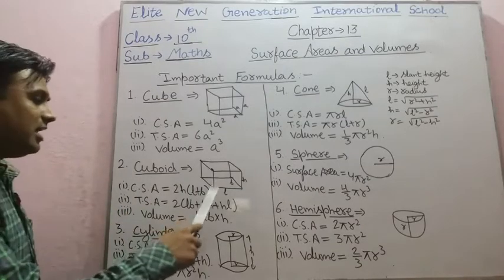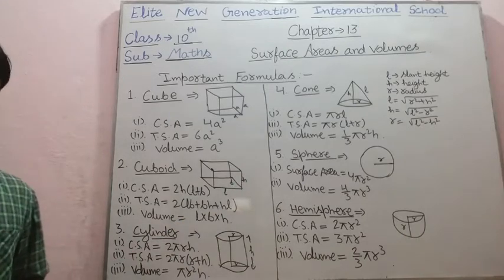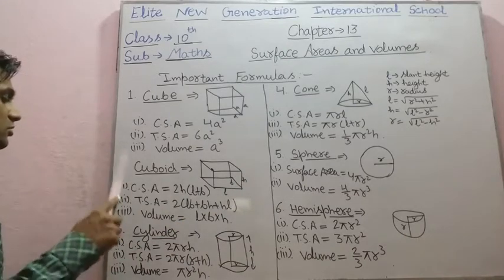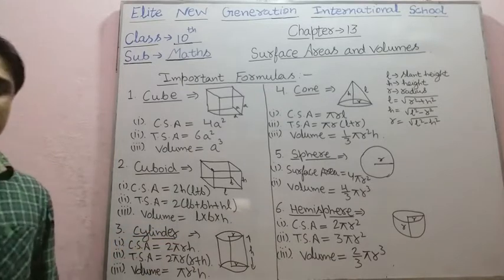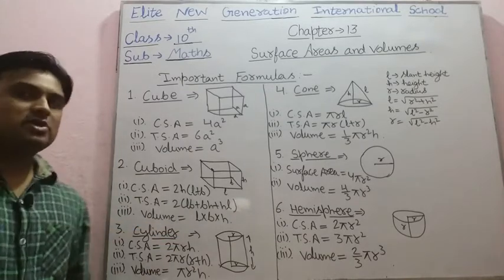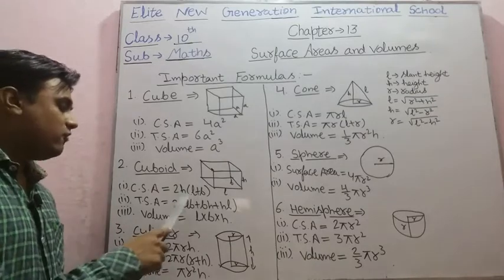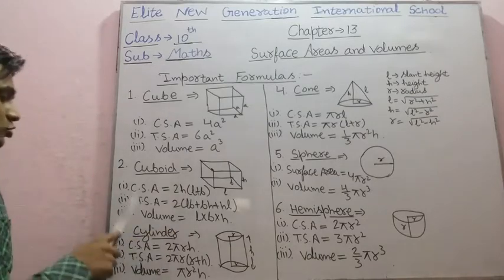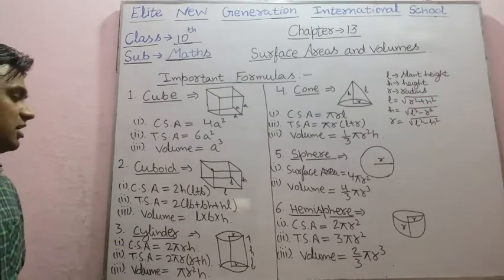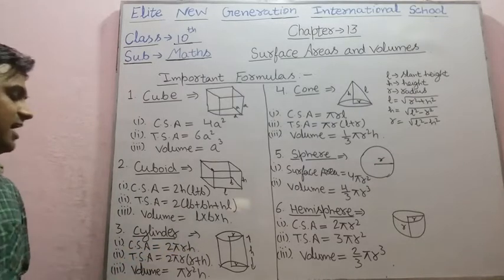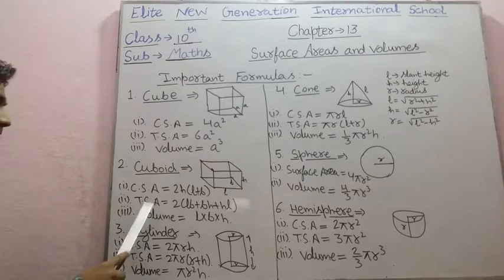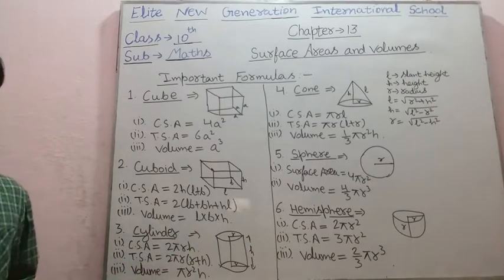If L, B, H are the length, breadth and height of the cuboid, then curved surface area is given by 2h into (L plus B). This curved surface area is also known as the area of four walls. The total surface area of a cuboid is given by 2 into (LB plus BH plus HL), and volume is given by L into B into H.